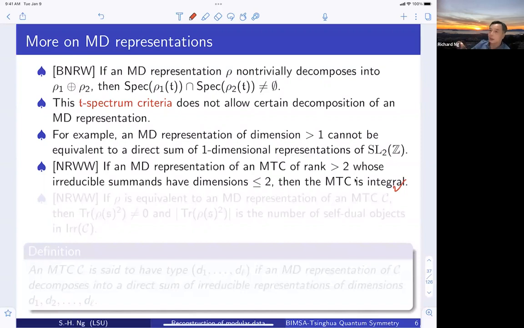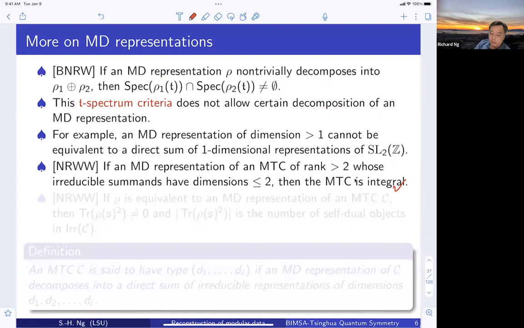I cannot tell what they are otherwise; if you randomly put together some 2- and 1-dimensional representations, it may not even be realizable. But if you start the other way around, with an MTC representation of dimension bigger than 2, decompose it and find that all the irreducible summands have dimension 1 or 2, then this MTC is bound to be integral.